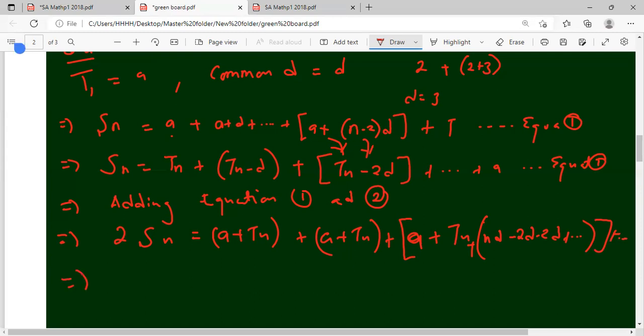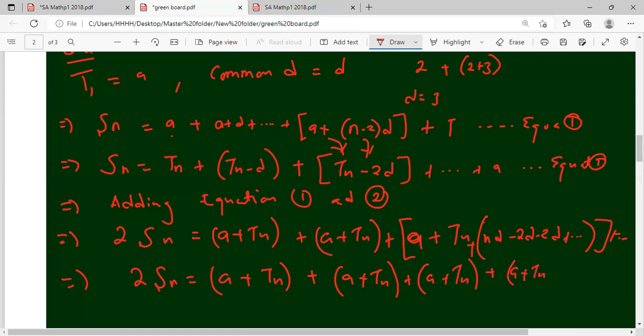So what is simply happening here is we have 2 Sn is equal to A plus Tn plus A plus Tn plus A plus Tn, and so on, plus A plus Tn.